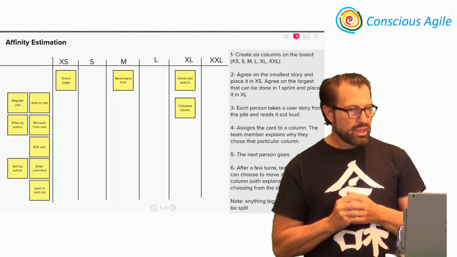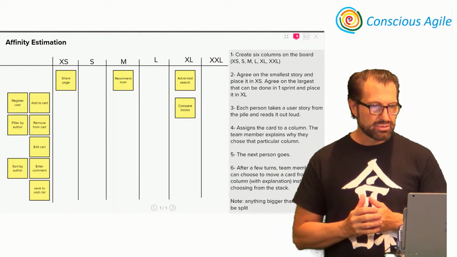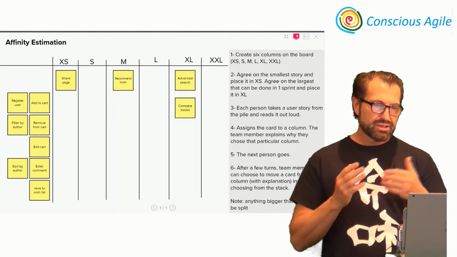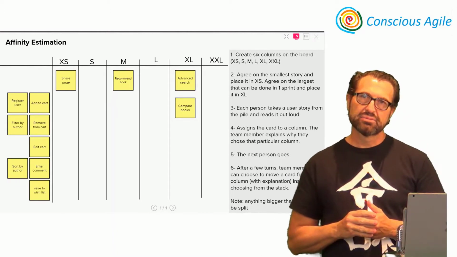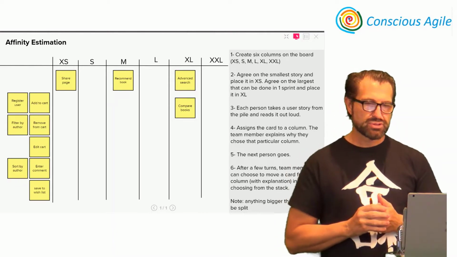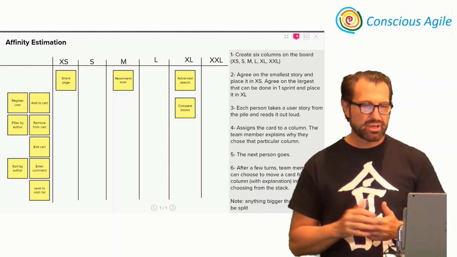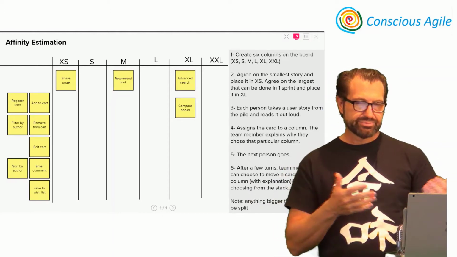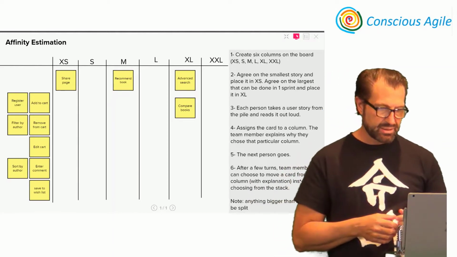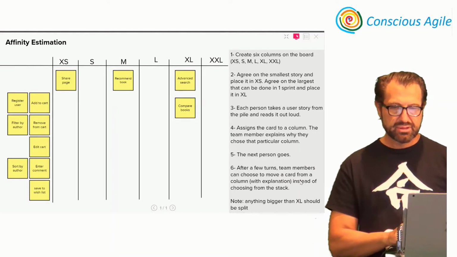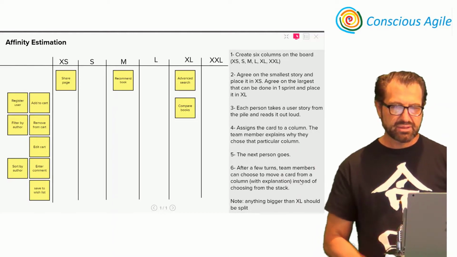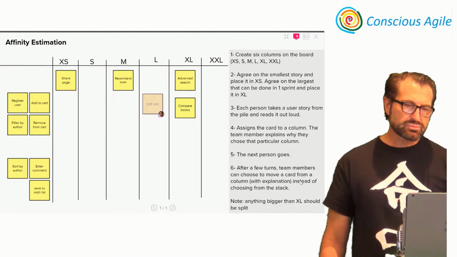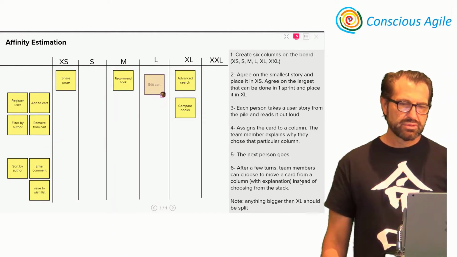Okay. So the next team member goes, and that person can either change the last card or choose another one. This can be done online with a board like this. The next member will say, I'm going to take this edit card, and that's going to be a large one.